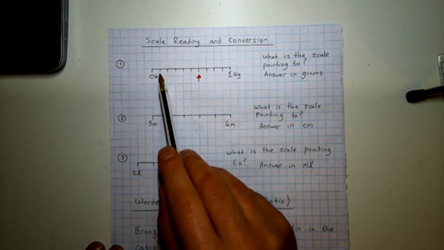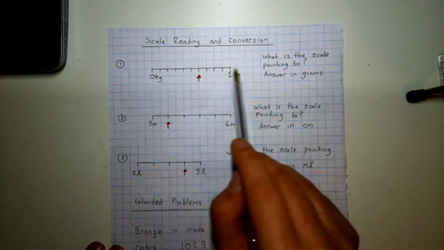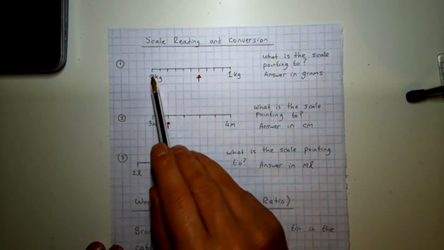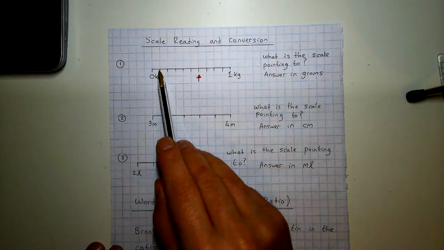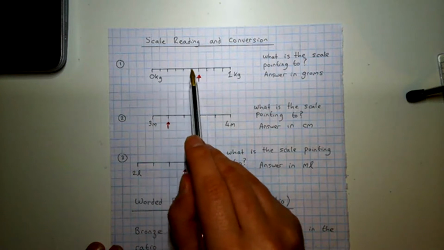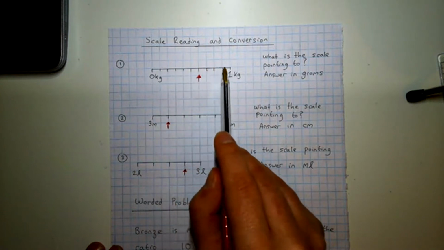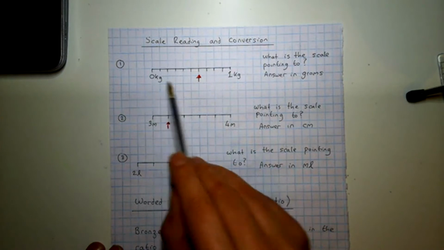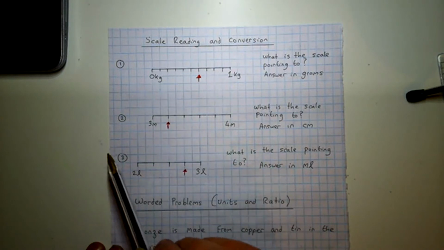You've got to think to yourself, how many divisions are there between? So from 0 to 1, we're going to go up 1, 2, 3, 4, 5, 6, 7, 8, 9, 10. So there's 10 equal divisions per kilogram.